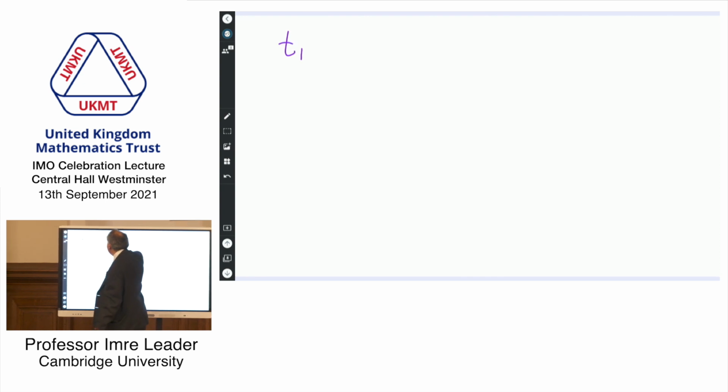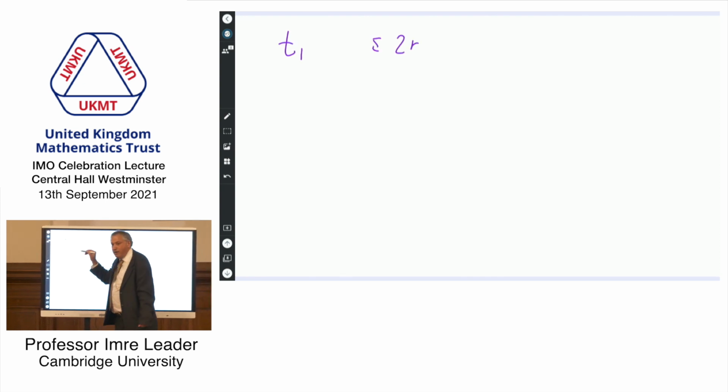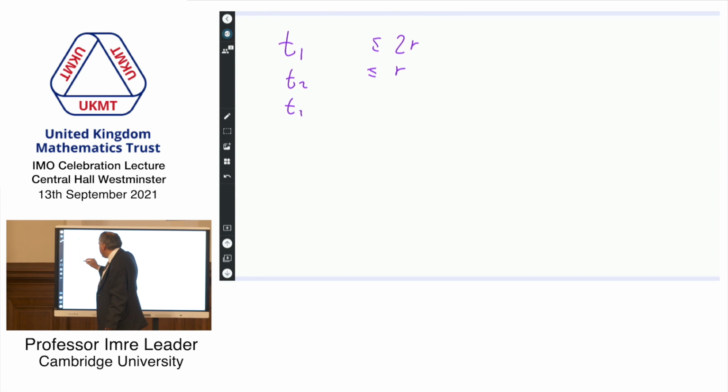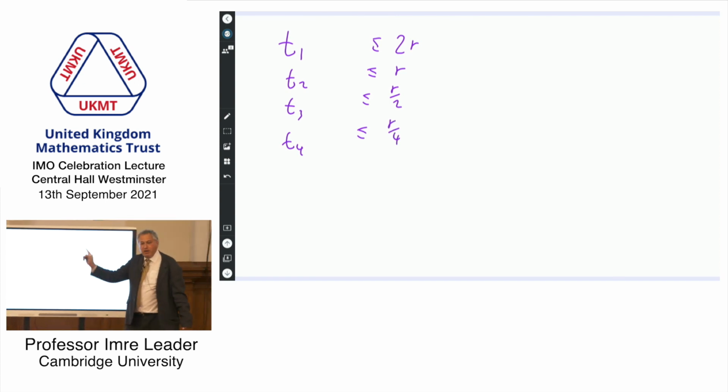If my first thing took time t1, which was at most 2r, and my second bit of moving took time at most r, and my third bit took time at most r over 2, and my fourth bit took at most r over 4, what happens at time, add them all up?